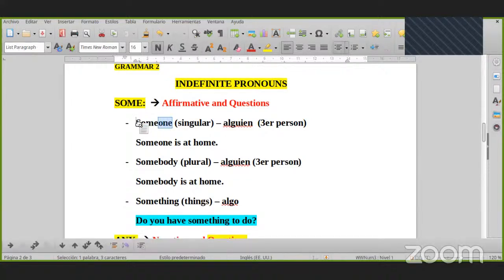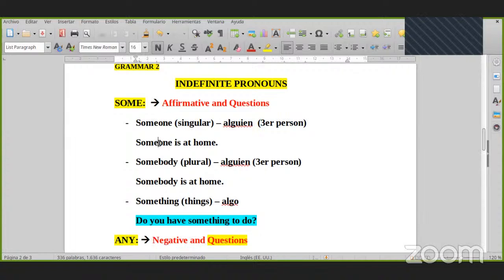For example, some, and we add one: someone. We are talking about people in a singular way. It means alguien, and it is considered a third person. One example: someone is at home. Alguien está en casa.